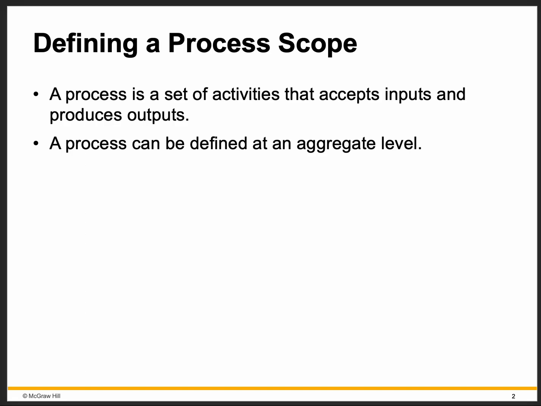So that's a very small process, but you could think about process at a very aggregate level also. We'll look at an example later on in this video of, say, Kohl's and Walmart. What was Kohl's process for the whole year?